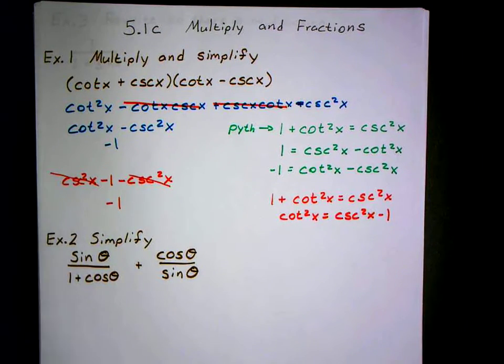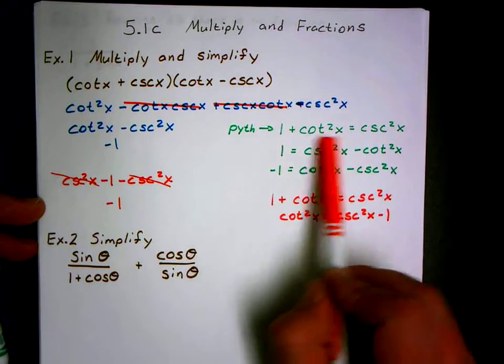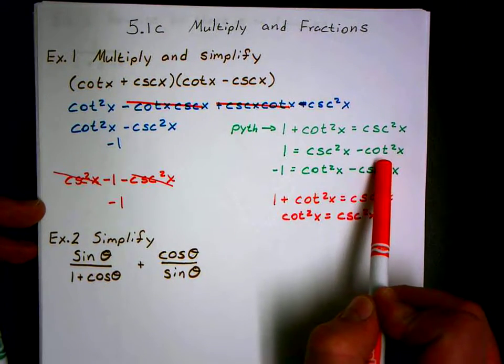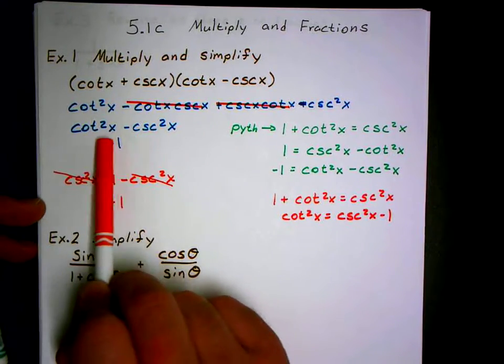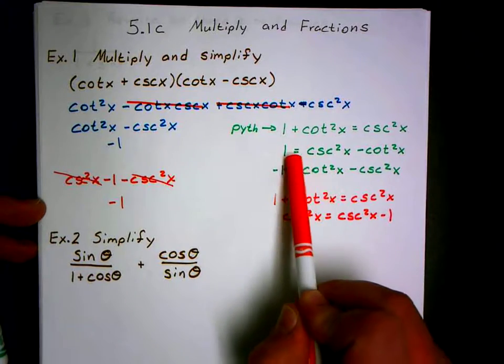Why was it negative 1 then? Which way? The Pythagorean? Both of them use Pythagorean. This way, yeah. I moved the cotangent over here, but that's not exactly what I needed because I need to have cotangent minus cosecant. So I multiplied everything by negative 1.